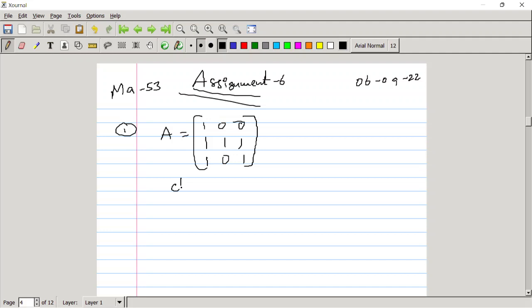Of course, the characteristic polynomial is equal to the determinant of the matrix x minus 1 0 0, 1 x minus 1 0, 1 0 x minus 1.